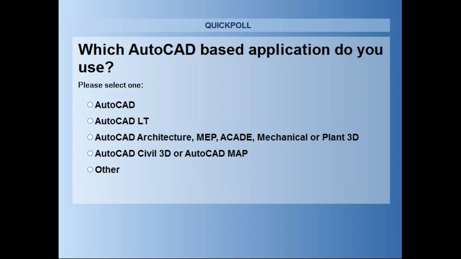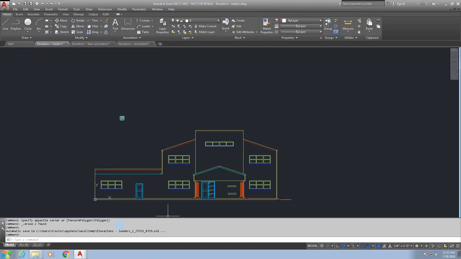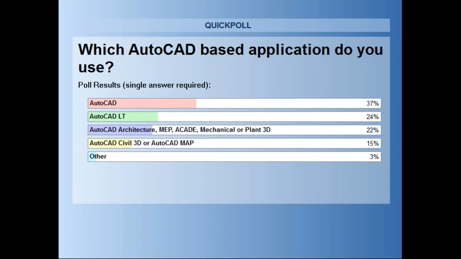And like I said before, there's nothing in LT that isn't in any of the other AutoCAD and AutoCAD verticals like Electrical and MEP and Map and Civil. So all this information should be helpful in that, and all these commands and variables exist in those applications as well. So let's close this out. I'll give you a quick look at what that all came out at. And there's a switch. A lot of times we get mostly LT, but looks like this time it's reversed on us for AutoCAD. So that's good.